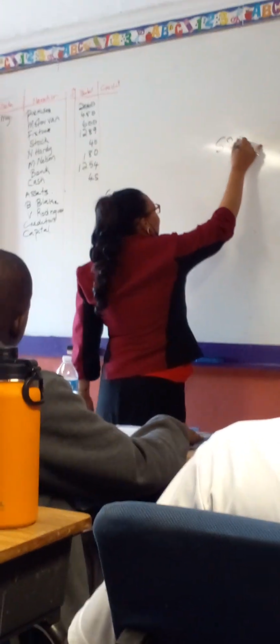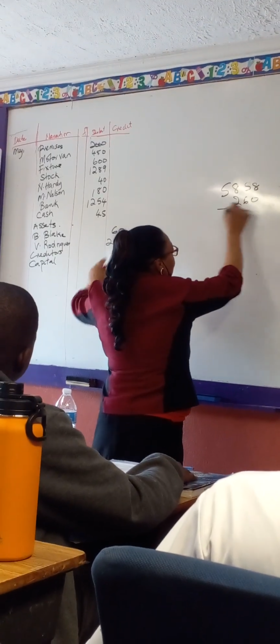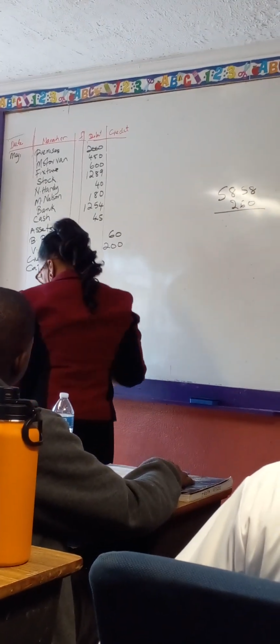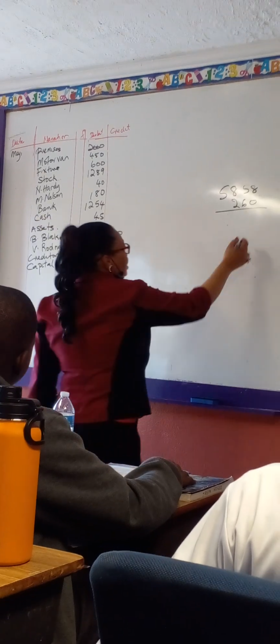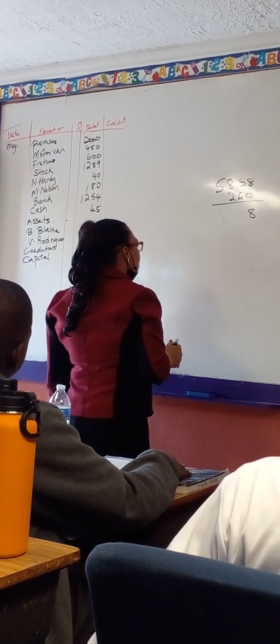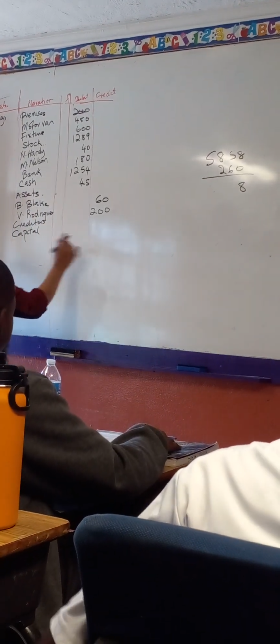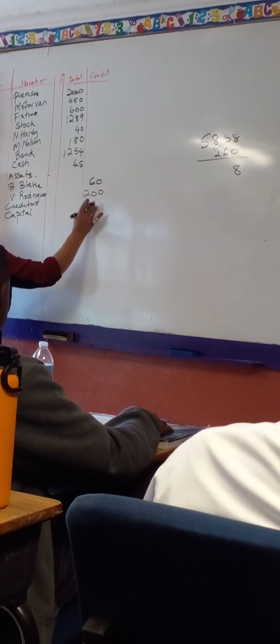That comes to 5,858, and I'm going to subtract from that 260. What am I going to be left with? The capital is 5,598, and it is going to go on the credit side.